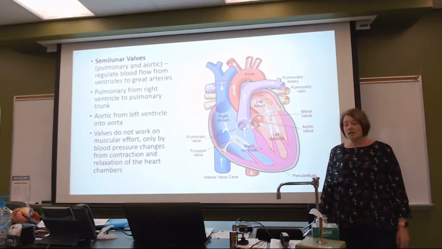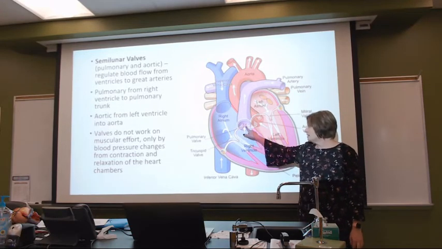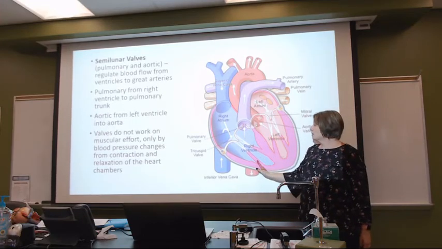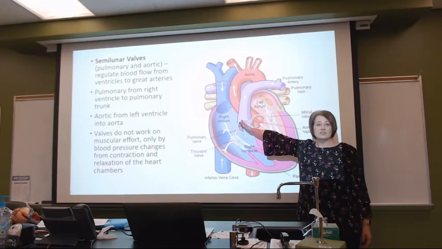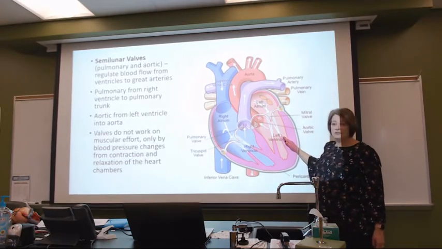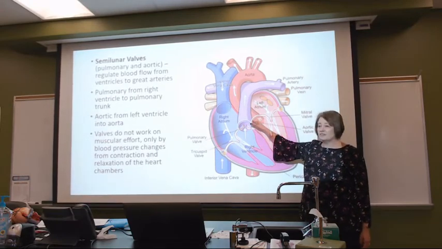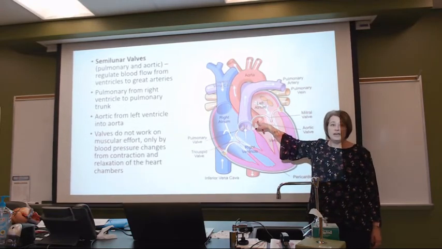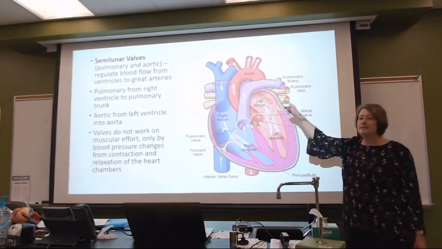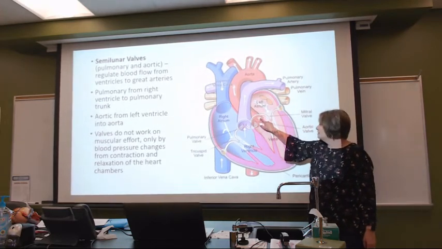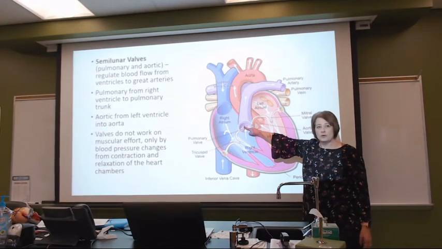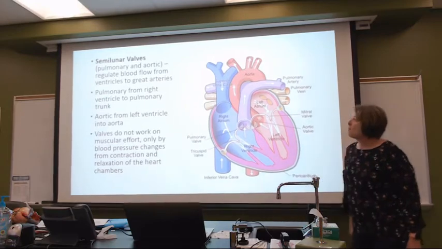Okay? So they're termed semi-lunar. We have the one for our pulmonary circuit because that's from the right, and we've got the one from our left for our systemic going by way of the aorta. So we have pulmonary and aortic semi-lunar valves going into those great vessels.